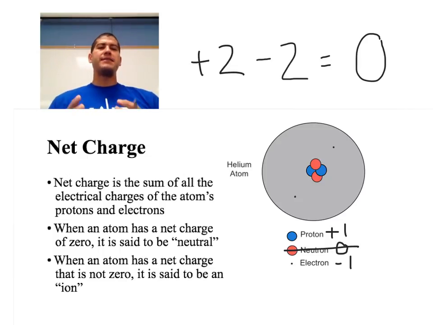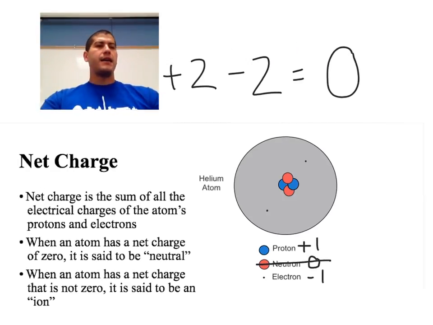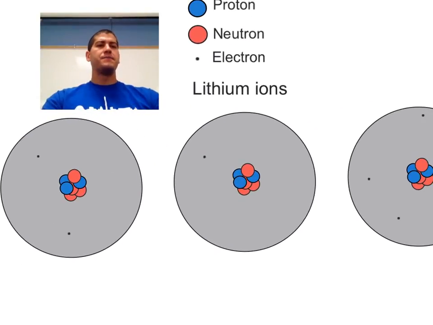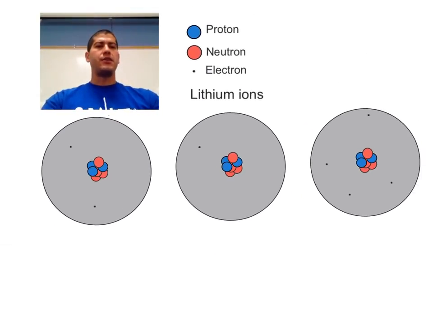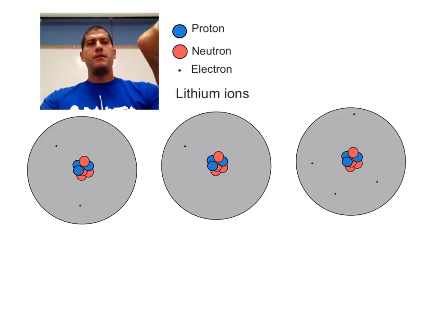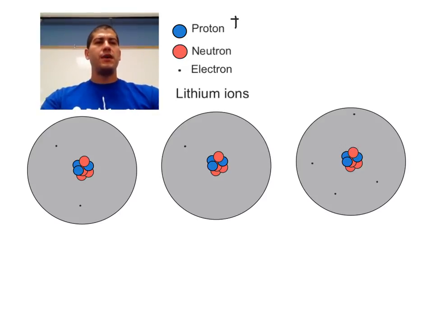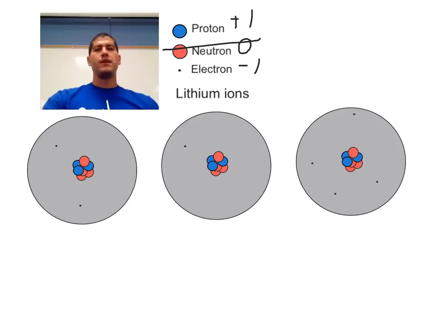When an atom has a net charge that is not 0, whether it's positive or negative, it's said to be an ion. Let's take a look at a couple of lithium ions and calculate their net charges. Again, protons have a charge of +1, electrons have a charge of -1, and neutrons are neutral and do not contribute to net charge of an atom.